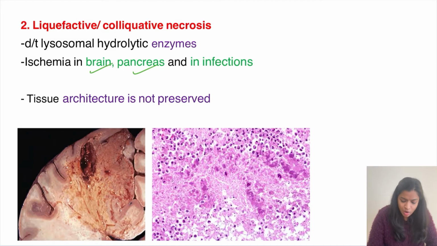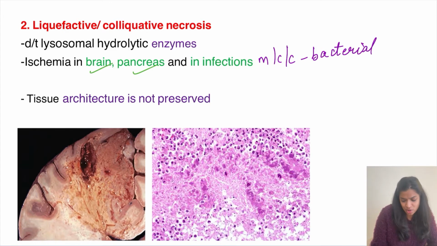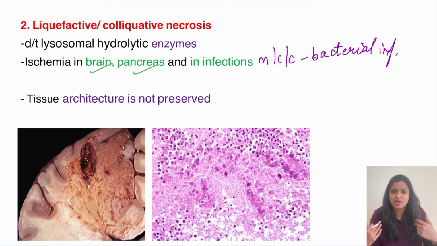But the most common cause of liquefactive necrosis is actually bacterial infection. Whenever there is bacteria, it will attract inflammatory cells, right? Those inflammatory cells will pour in their enzymes, and that will liquefy the cell into a liquefactive necrosis.